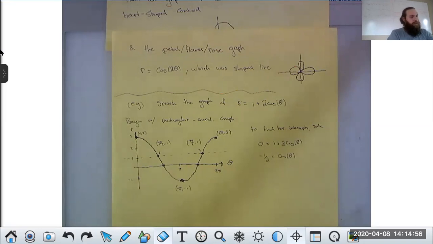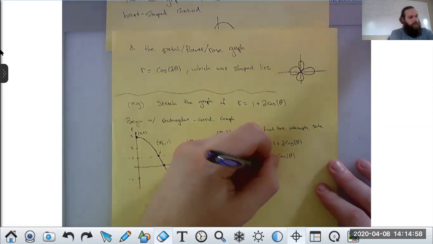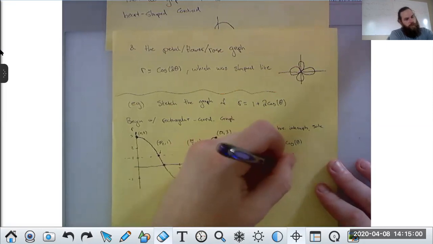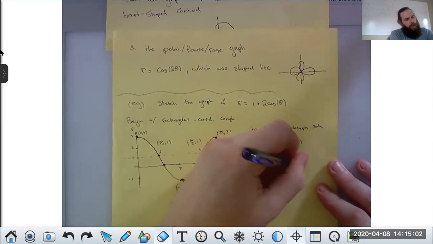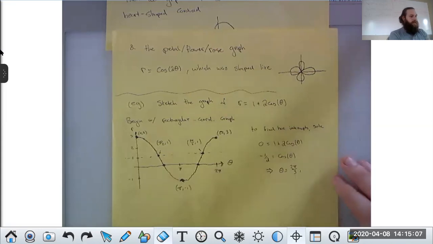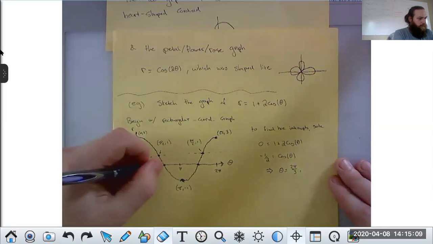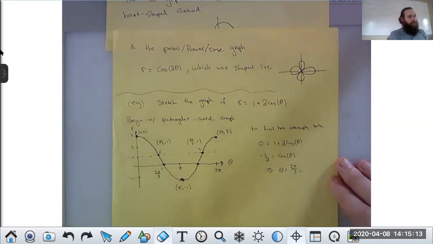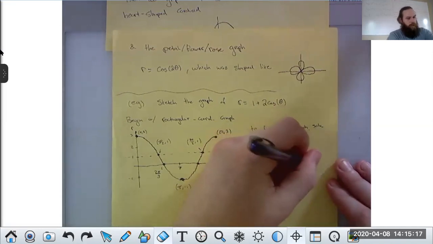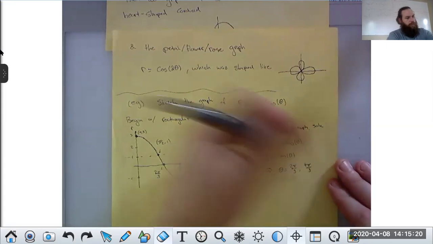So this first solution is 2 pi over 3. And then this second solution, so this right here is 2 pi over 3. The second guy is 4 pi over 3. And those are both just coming from thinking about my unit circle.